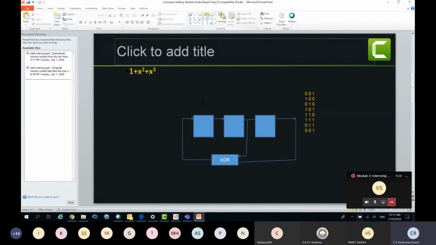So if you draw the state diagram, if you are in the S0 state, then it will cycle back to the same state. Whereas if you are in the other states, S1, then from S1 you will go to S4. Then from S4 you will go to S2.